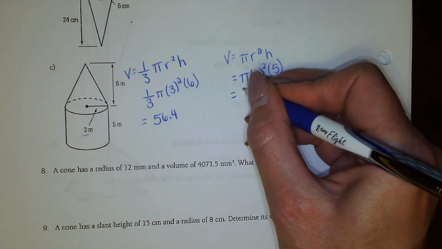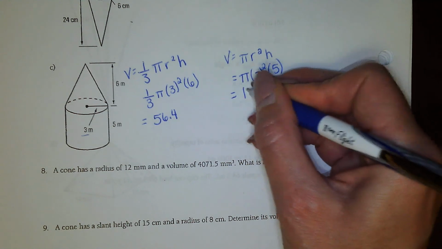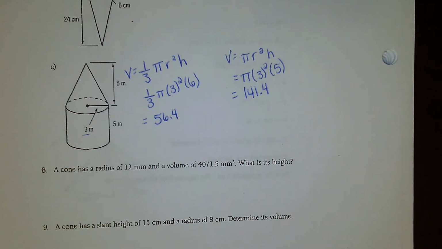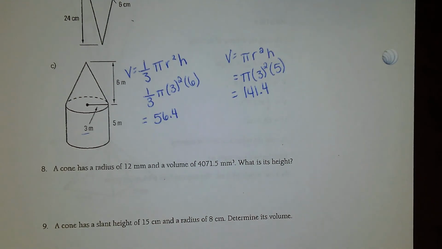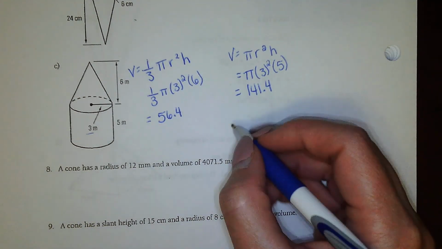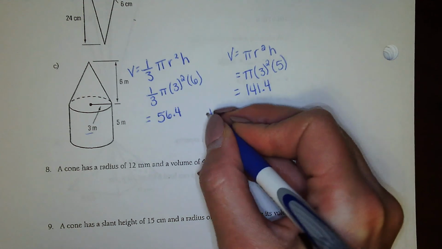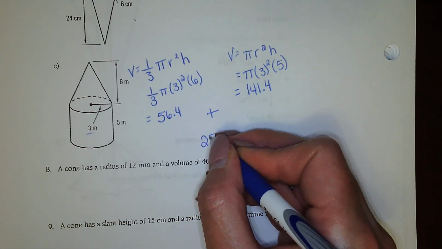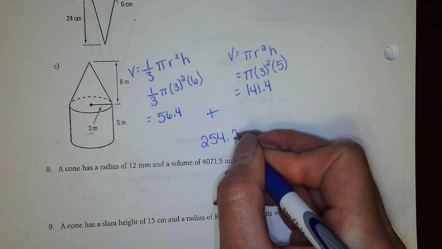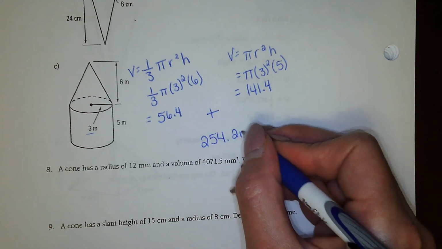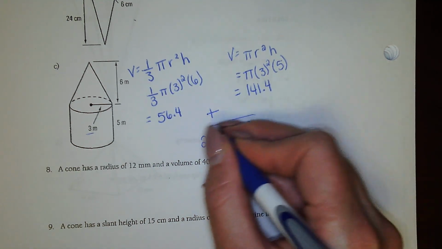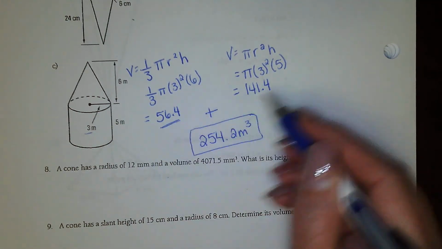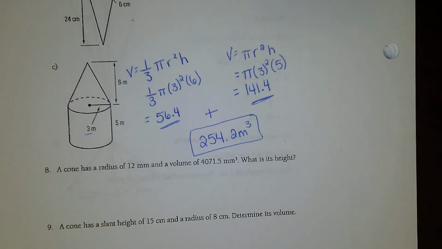Do that calculation and I have 141.4. So larger, of course, because it's not 1/3 of the measurement. Now I just need to add those two together, and I get 254.2 meters cubed for volume. So add this one and add this one.